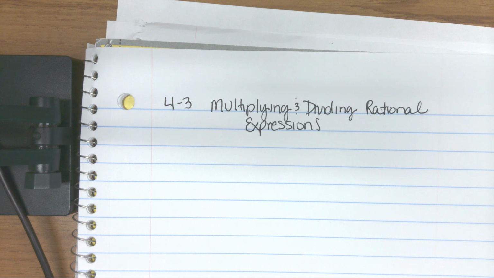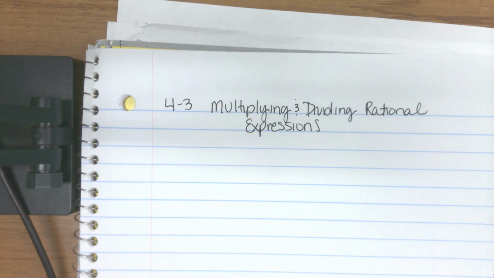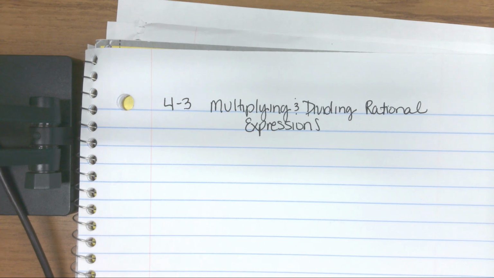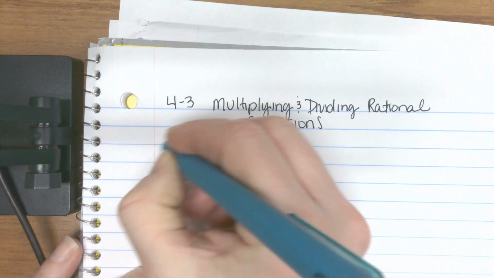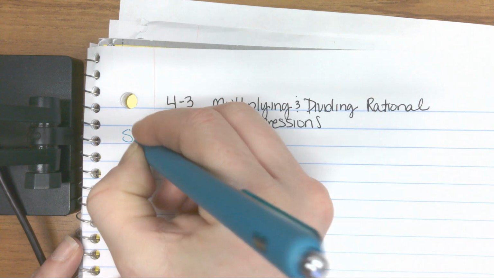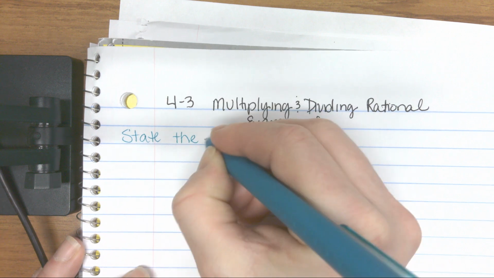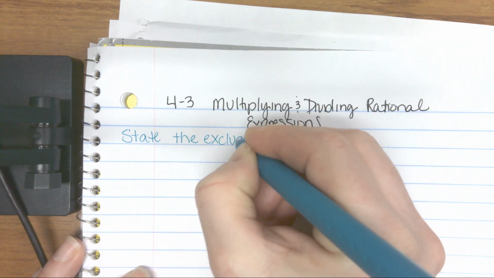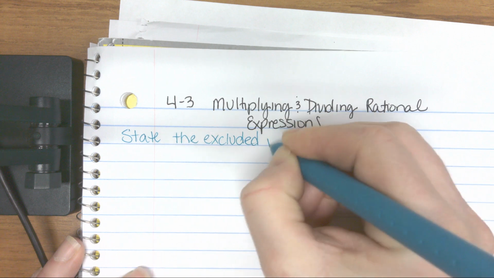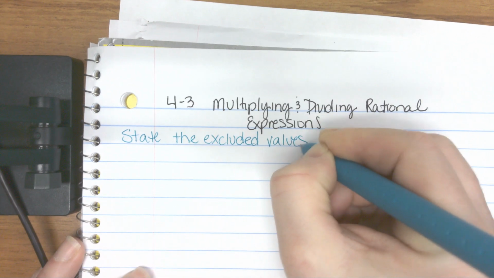All right, so what we're going to do for a few problems is state the excluded values. I'll tell you what that means in a second. That's the first thing we're going to do.